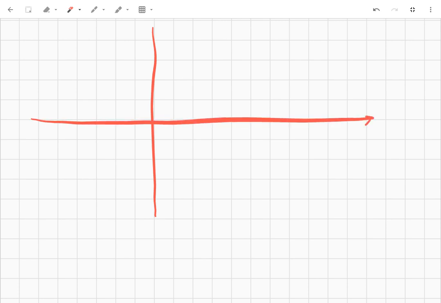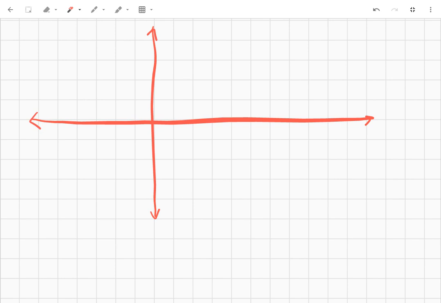I'll give a short brief of trigonometric functions first and then inverse trigonometric functions. So very briefly, let's understand trigonometric functions first. Say this is my y-axis and this is my x-axis.